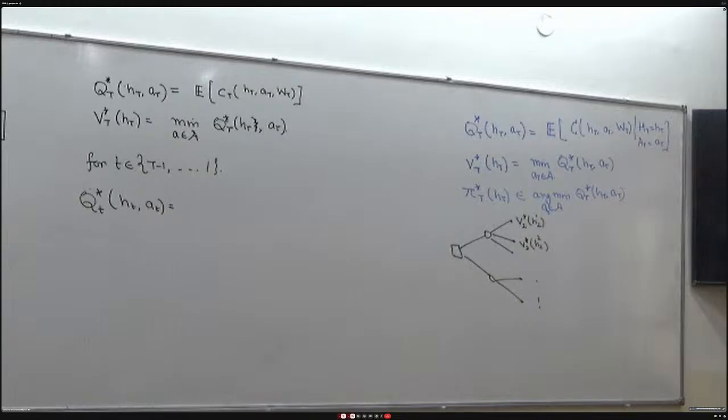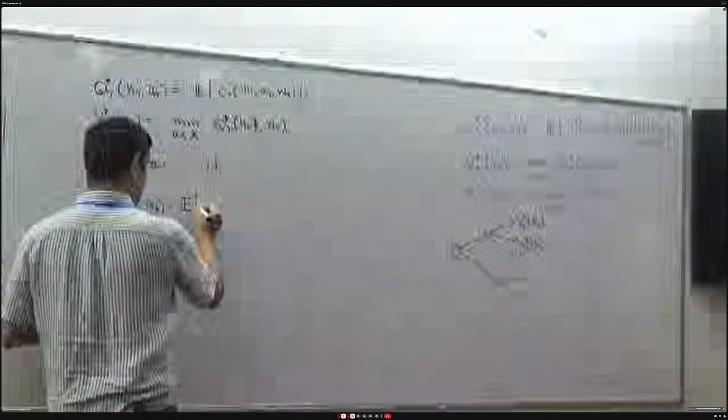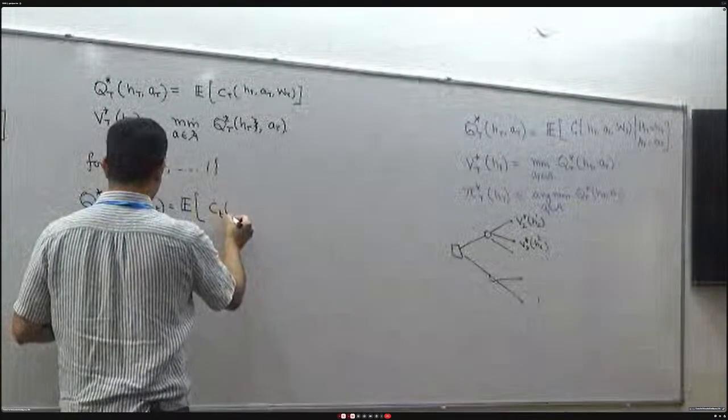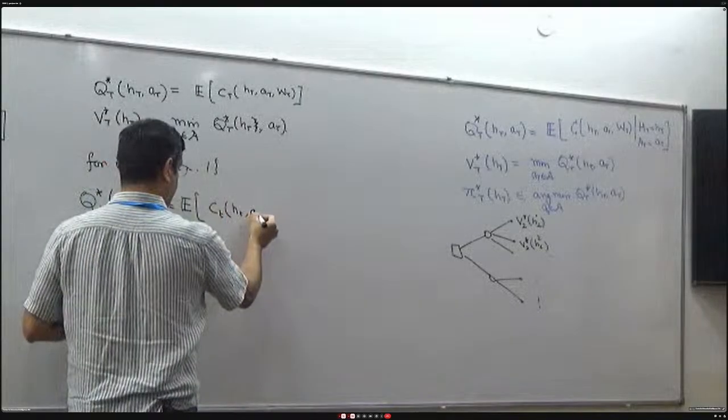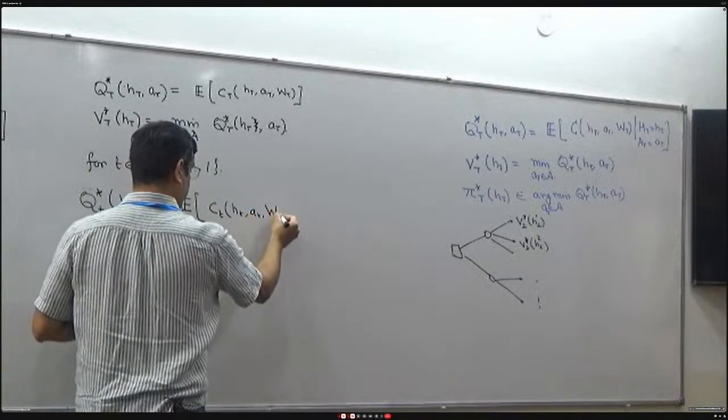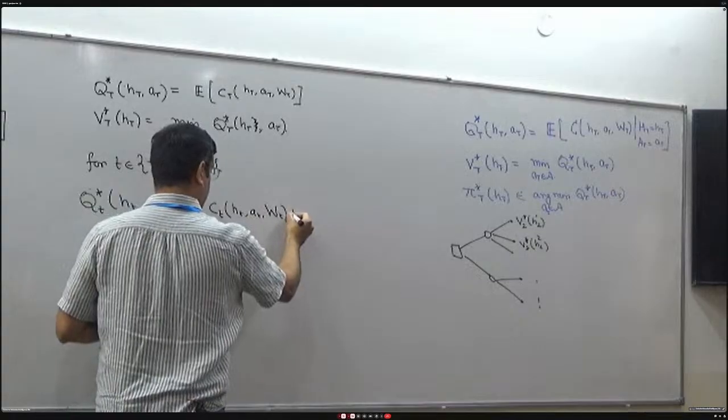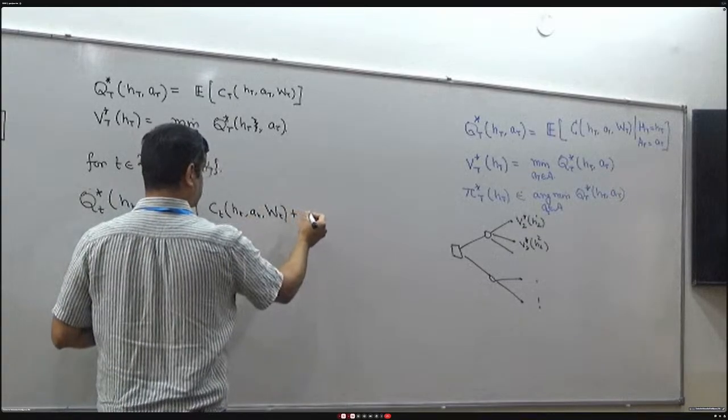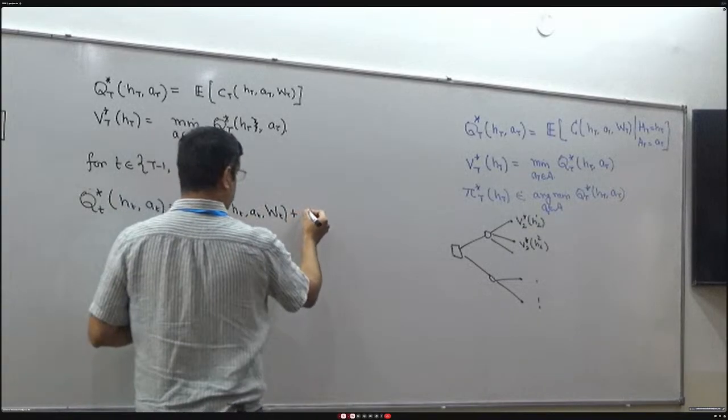So this has to be defined as the expectation of the current cost that I will incur plus the cost to go from the next time onwards.